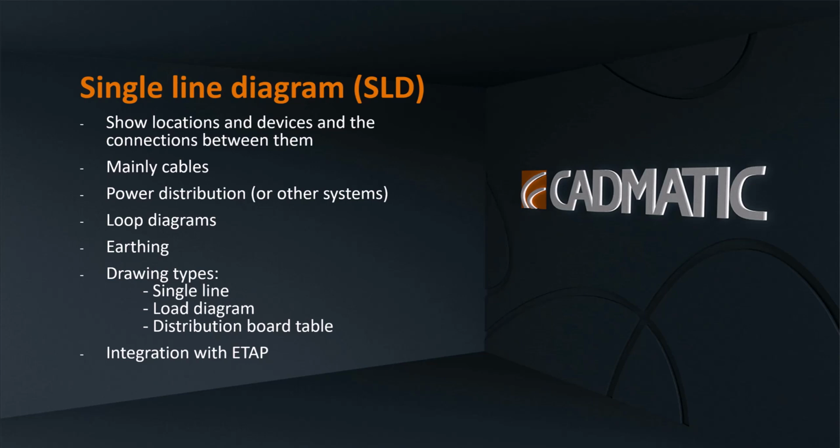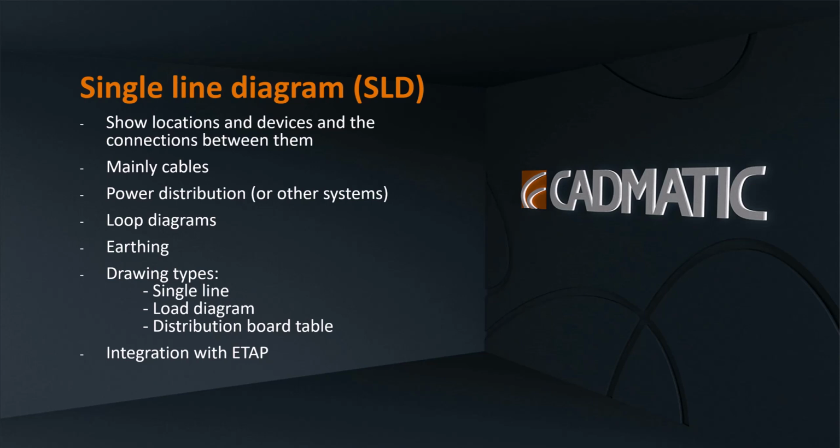What the single line diagrams are usually used for is power distribution, for example, of any site that you may be designing, some accommodation building or maybe some industrial site, for example, some factories or something else.